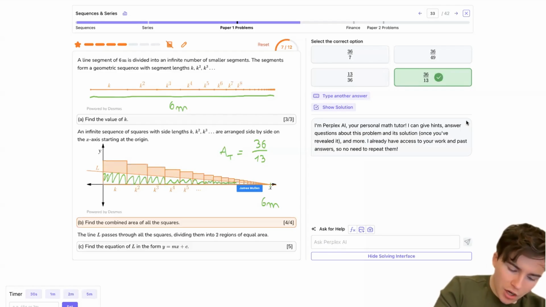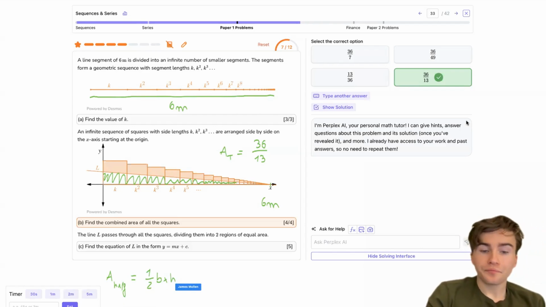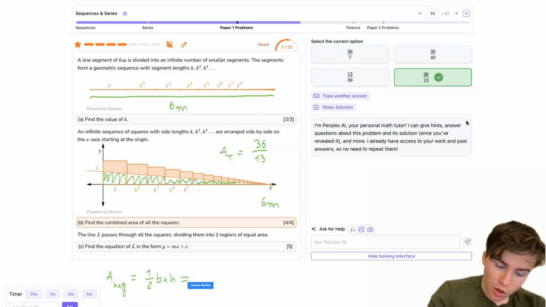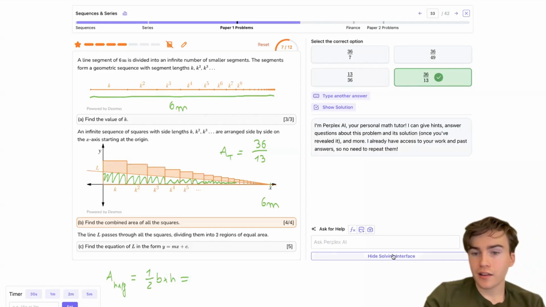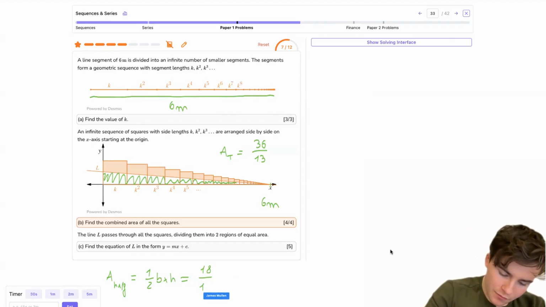Okay, so I know that the area, let's call it the area half, is equal to half base times height. And we know that's supposed to be equal to half the total area, and the total area is 36 over 13. So this is 18 over 13.